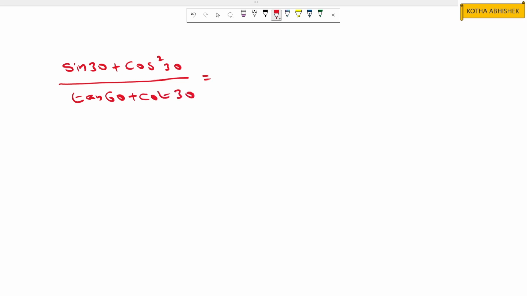What is the value of (sin 30 plus cos square 30) whole divided by (tan 60 plus cot 30), which is equal to? Now first let us try to substitute number by number.